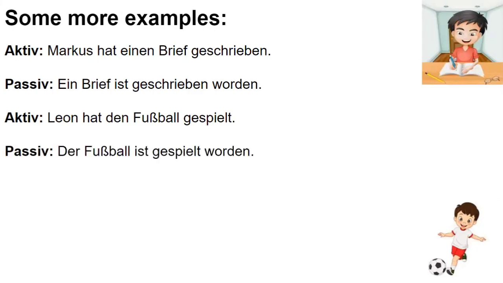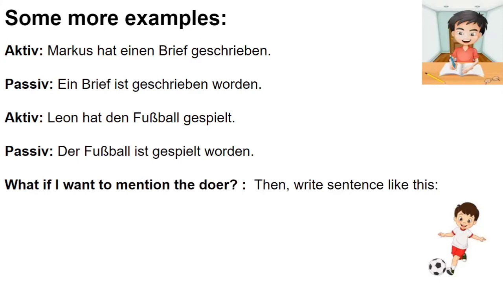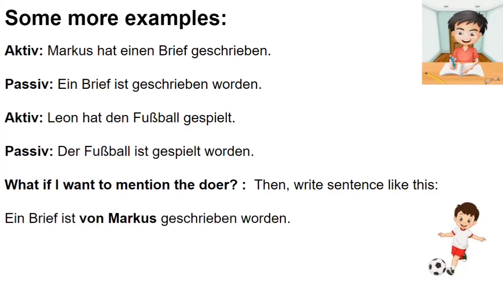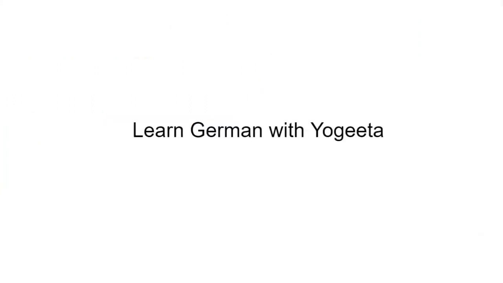Der Fußball ist gespielt worden. So, what if I want to mention the doer? Then again, same process. I will just add the name of the doer. So, ein Brief ist von Markus geschrieben worden. Der Fußball ist von Leon gespielt worden.